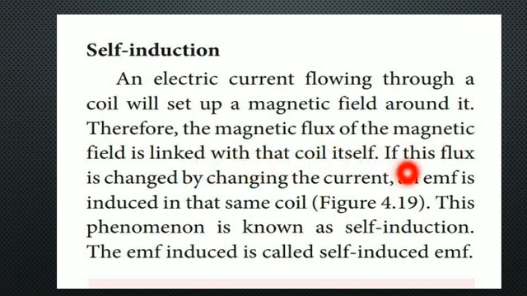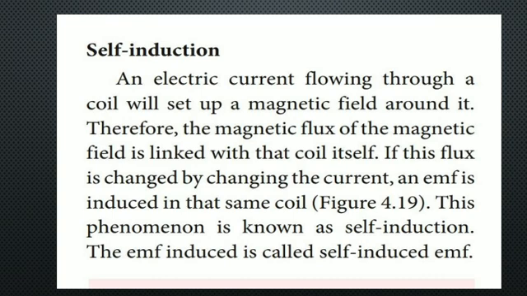If this flux is changed by changing the current, an EMF is induced in the same coil. This phenomenon is known as self-induction, and the EMF induced is called self-induced EMF. This is the book definition.